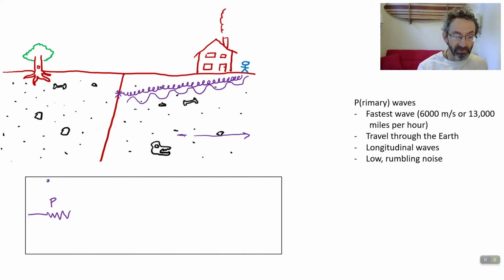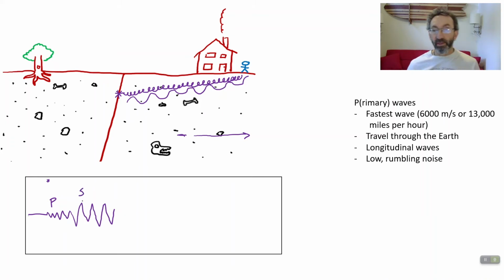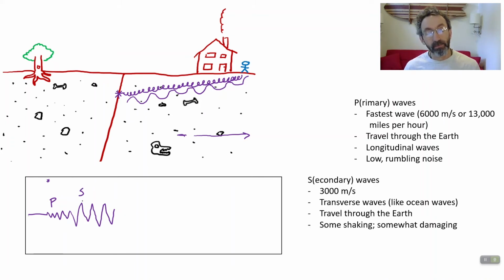On the seismograph, they look like this. They're responsible for more shaking than the P waves. Again, they're called S waves because they're secondary waves. They're the second set of waves to hit.